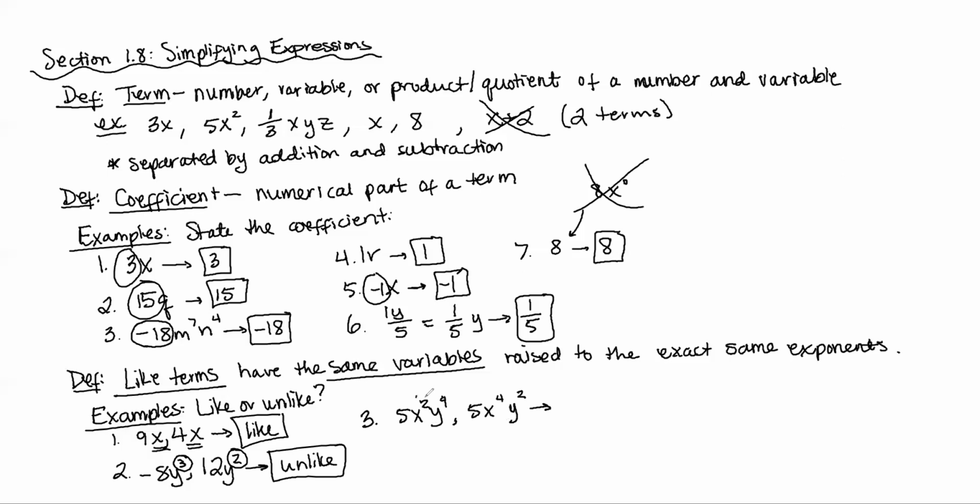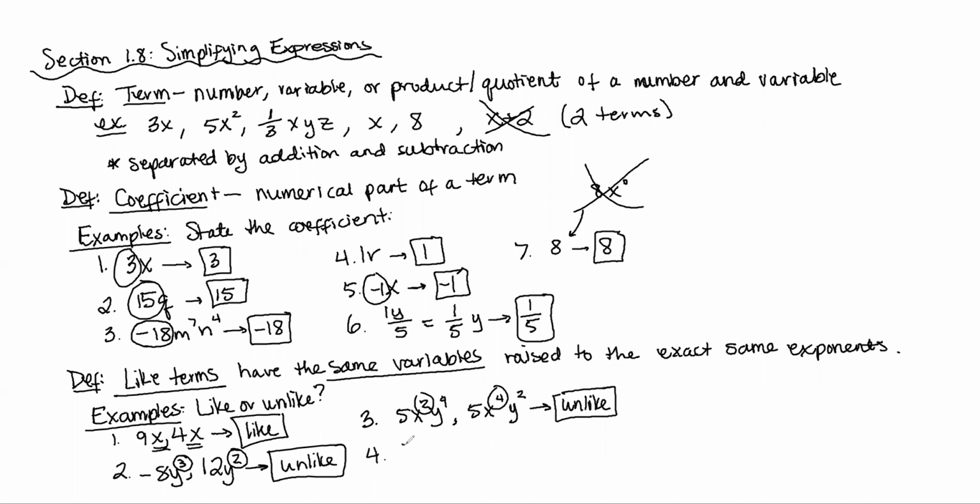So the x is squared in this first one, but it's raised to the 4th in the second one, which means that these are unlike terms. So the exponents have to match on the variables. So even though they both have a 2 and a 4 exponent on their variables here, they're on different variables, which means that they can't be like terms.